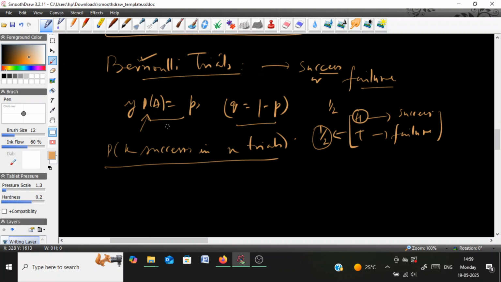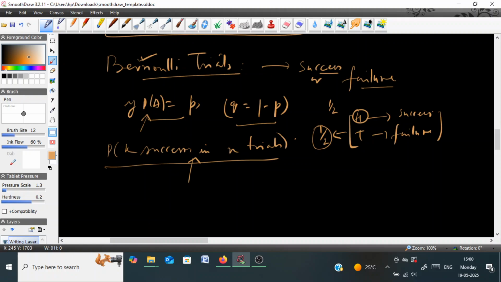So if the trial is a Bernoulli trial, what will be the probability of k successes in n trials? Like suppose, what is the probability of getting 10 heads in 50 tosses. So n is the total number of trials and k is the number of successes.